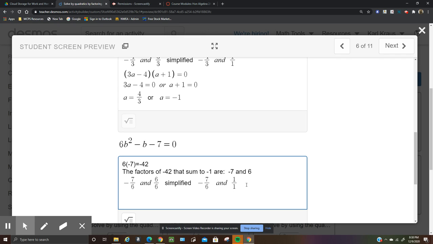So the factored form, the first fraction becomes 6x minus 7. The second fraction becomes x plus 1 equals 0.